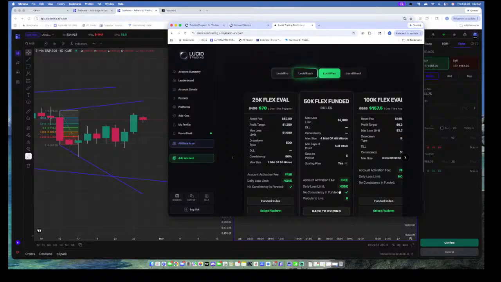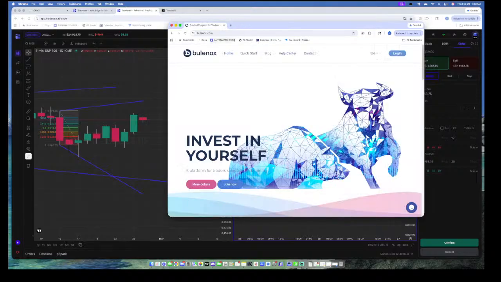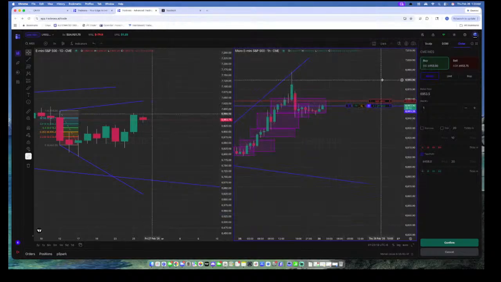But yeah, there is no consistency. So make $3,000 one day and four days of $150. I mean, you're getting paid. Love that about them. Pretty much the same as Topstep as far as that goes.